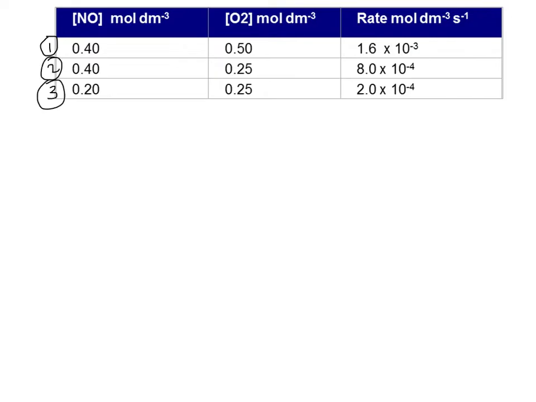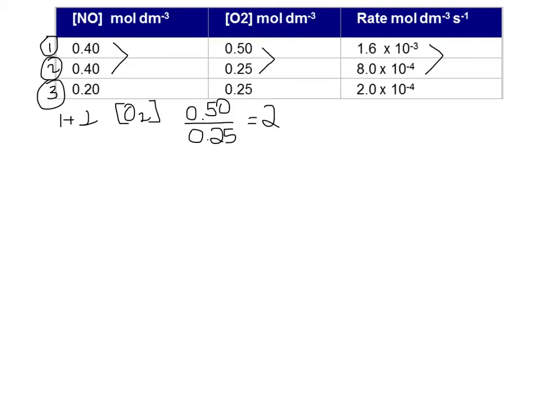We're going to take a look at experiments 1 and 2 first. In 1 and 2, NO is constant and O2 is changing. The concentration of O2 is changing by 0.5 divided by 0.25, or by a factor of 2. If we look then at the rates, the way the rates are going to change is going to depend solely on the concentration of the oxygen.